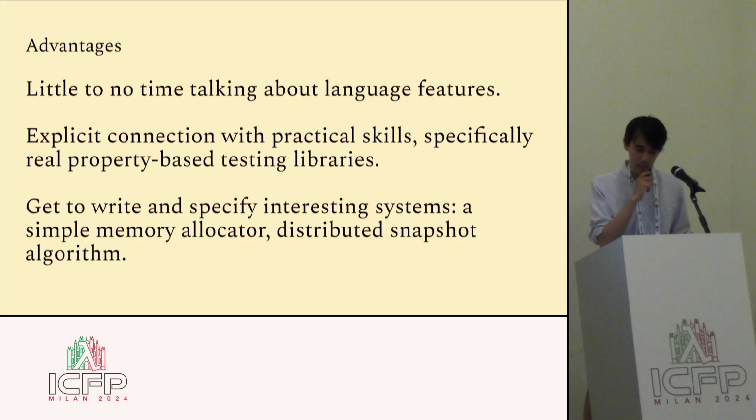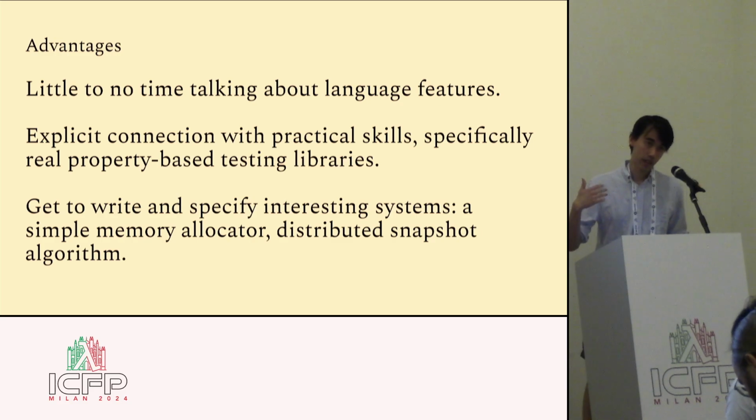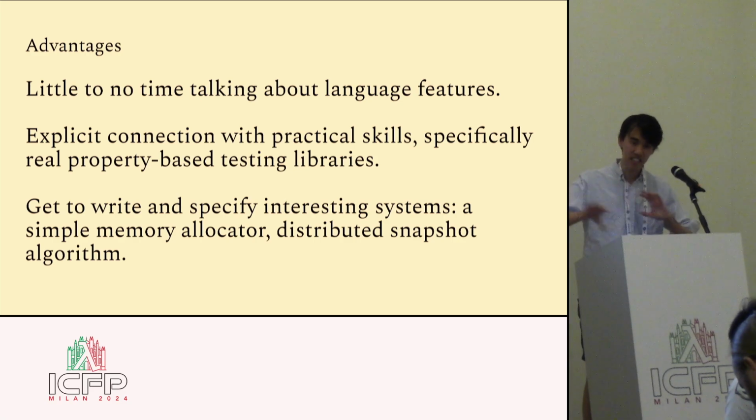The final thing to mention is that our goal is to be able to write interesting properties, and we were able to do that. So we have some homeworks, for example, having students write a simple memory allocator and a distributed snapshot algorithm. In the simple memory allocator, you can specify things like you're not going to have a use after free, or in the distributed snapshot algorithm, you ensure that when you take a distributed snapshot, it's actually a consistent snapshot of the system, okay?